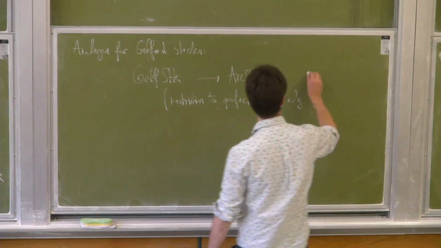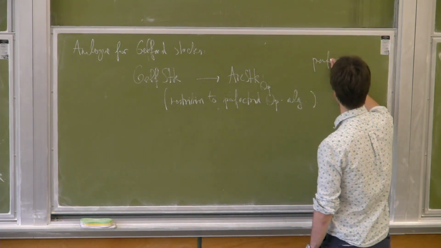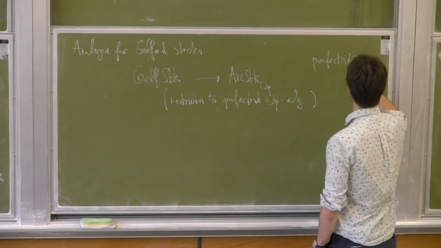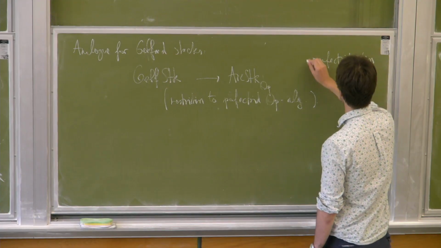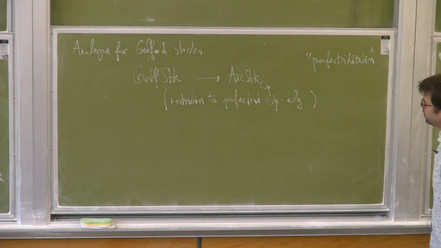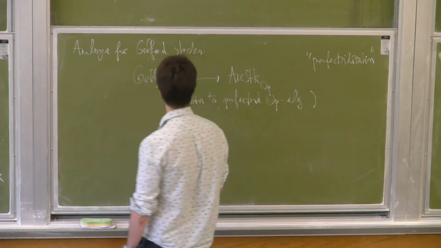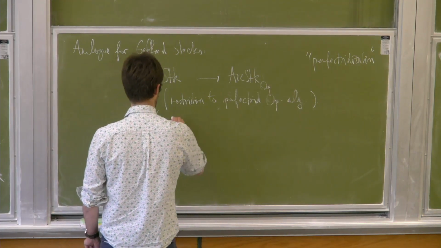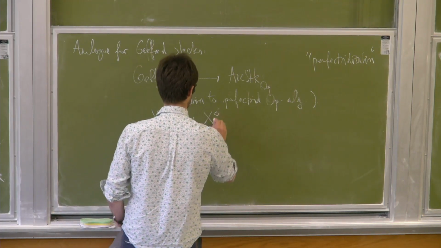And this is what I will call the perfectoidization functor, or sometimes also maybe the diamond functor. So I will denote it with a diamond. So X goes to X diamond.